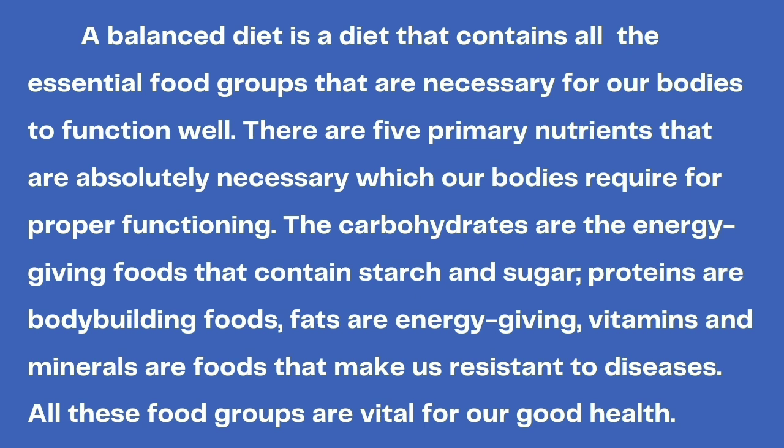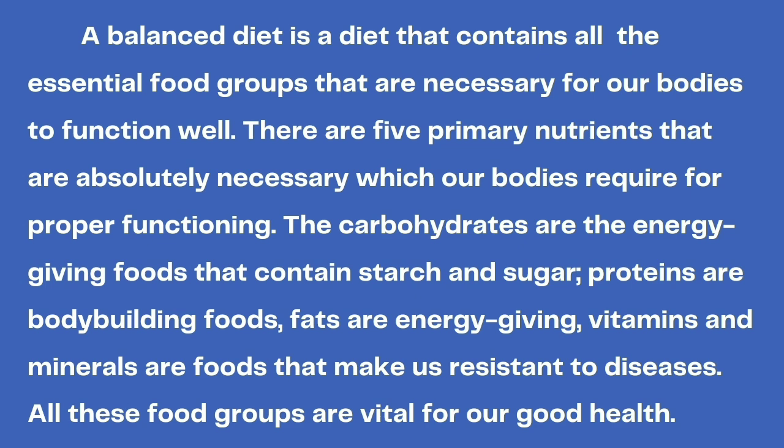Remember, before we start summarizing, we must examine the text, read it in full. So let's read. A balanced diet is a diet that contains all the essential food groups that are necessary for our bodies to function well. There are 5 primary nutrients that are absolutely necessary, which our bodies require for proper functioning.